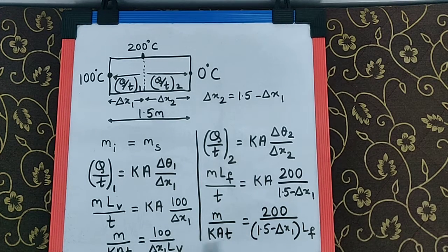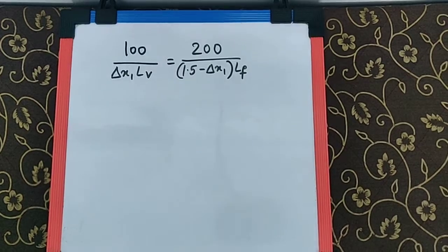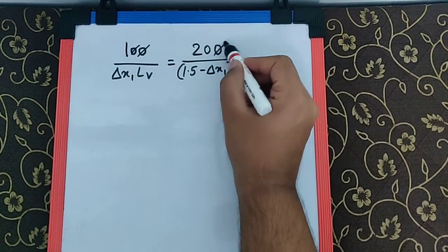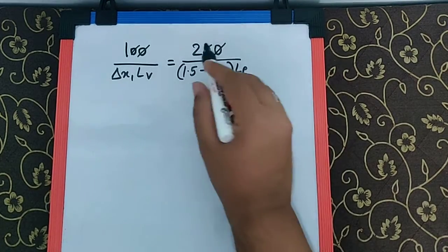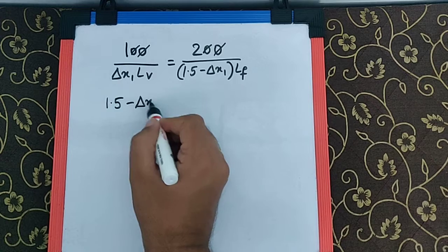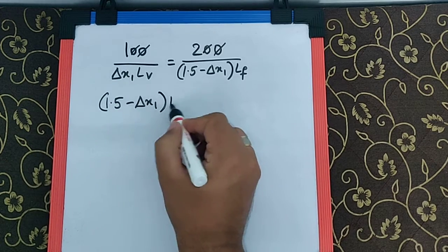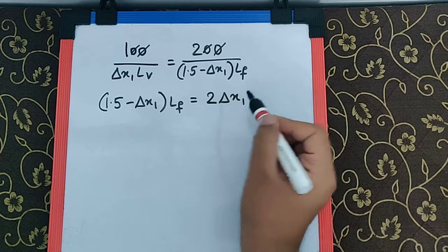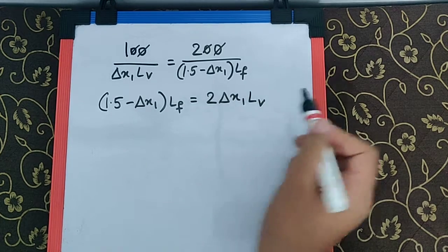So if we compare these two equations, the left hand sides are equal, so I can equate right hand sides. And so this is what we get by equating them. Now if I cancel these two zeros and cross multiply, we get 1.5 minus delta x1 into latent heat of fusion is equal to 2 times delta x1 into latent heat of vaporization.